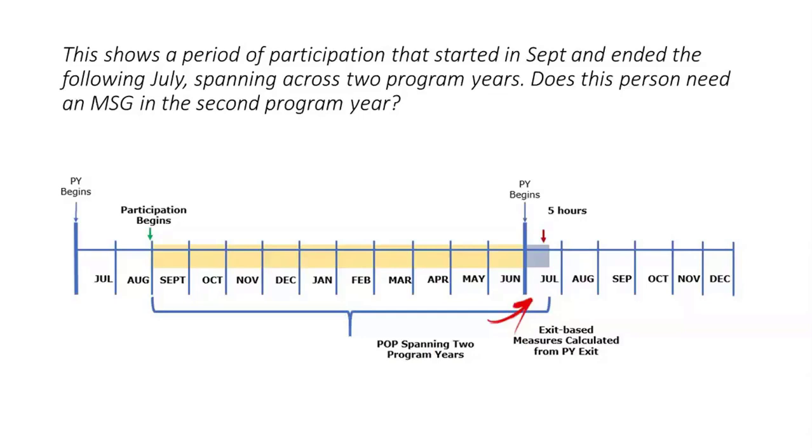So let's just say from July 1st to July 10th, they get about 5 hours. So when you're looking at this person, you are trying to determine how many measurable skills gains this person needs. So they're in our program for 2 program years, but they only have 1 period of participation. That's what this image is showing us, right?